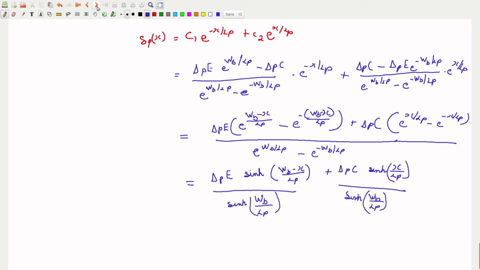and the current due to this excess carrier can be written as, making use of the diffusion equation, IP of x is equal to minus QA, area of cross section, DP, diffusion coefficient, d by dx of delta P of x. Remember the diffusion equation, and in place of this delta P of x we can substitute the obtained value.